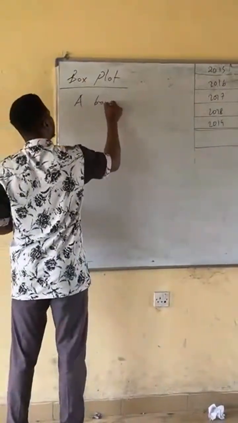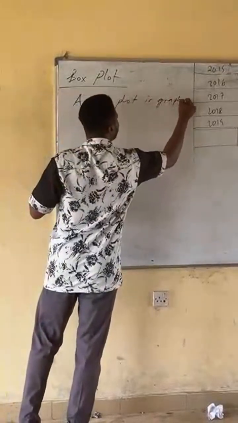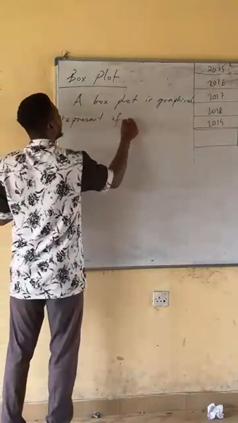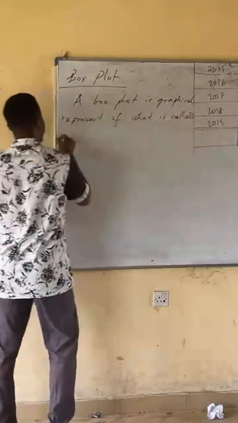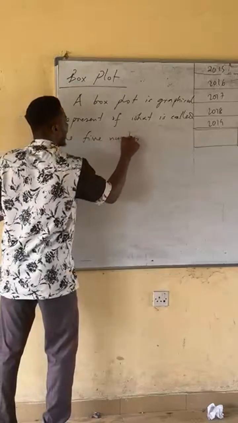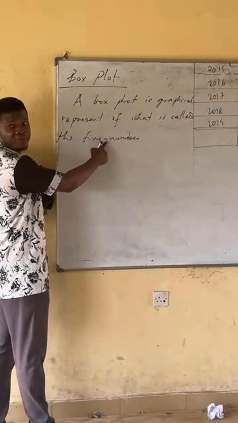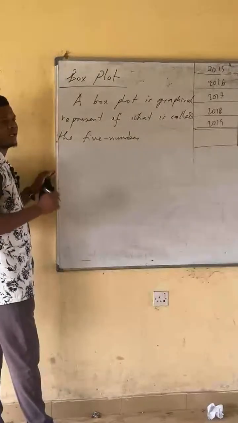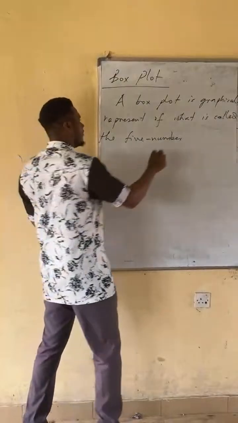A box plot is a graphical representation of what is called the five-number summary. That's why I'm putting a hyphen in between. The five-number summary. So there's nothing like a 5-day summary. It is a five-number summary.